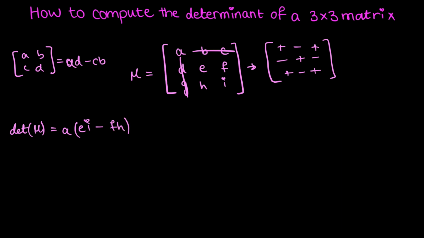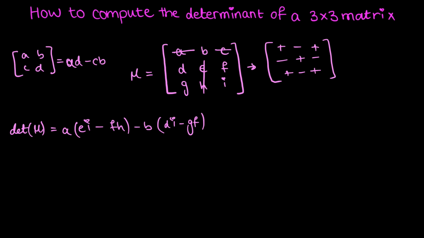And now I can move on to the second element. In this case, the place sign for B is negative, so I will multiply by negative, and then multiply by the minor of B, so I will cross out its row and column, and I will compute the determinant of the leftover matrix, so D times I minus GF.